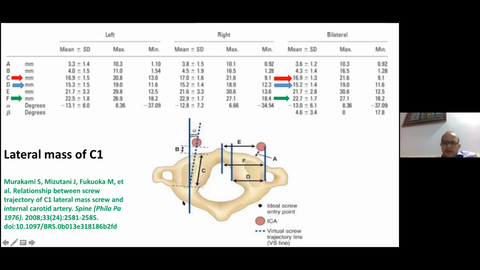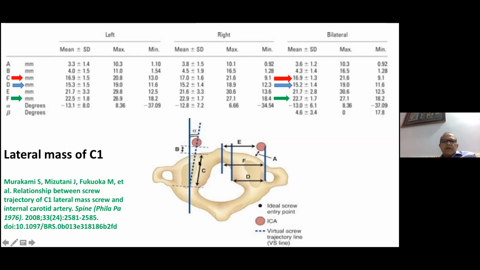But from the anterior side, you have to put in a screw from medial to lateral, about 5 to 10 degrees laterally, so that it does not puncture the cortex. So the anatomy you need to know very well.